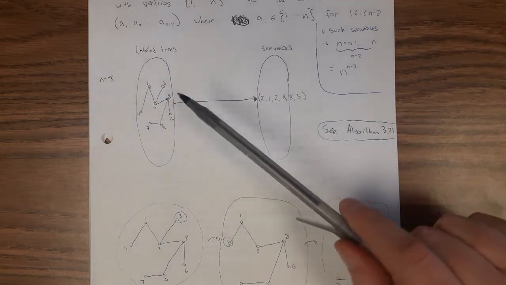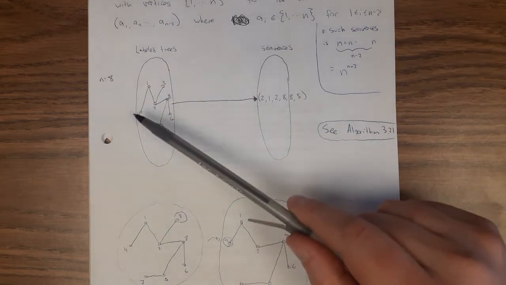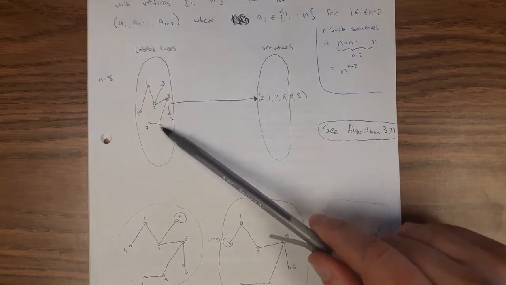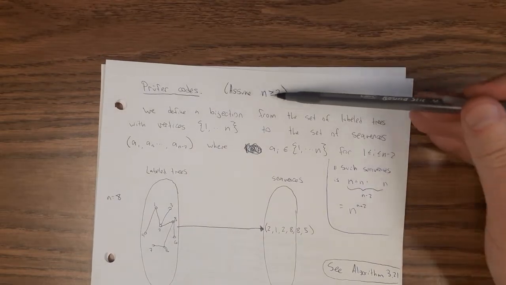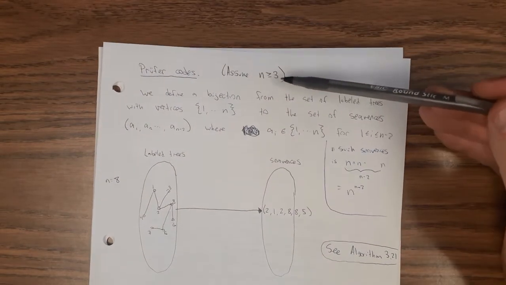So I take whatever tree you give me. I'm going to look for the lowest labeled leaf. You gave me a tree, it definitely has some leaves. Every tree has at least 2 leaves. And by the way, we're assuming that n is at least 3, so this is not a trivial tree.